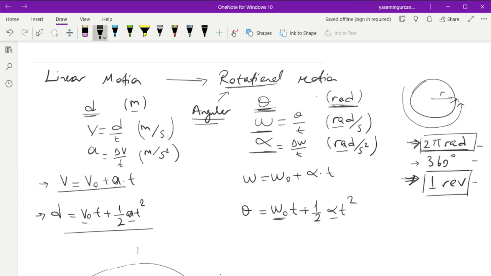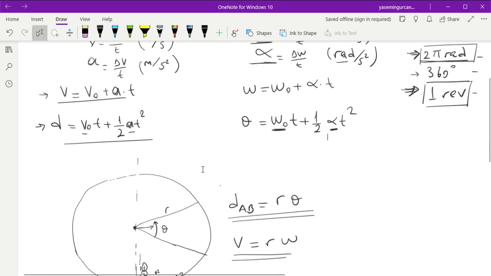The only thing that you do is change velocity to rotational velocity, acceleration to rotational acceleration. So the formulas have the same form. The only thing that changes is from linear velocity to angular velocity, from linear distance to rotational distance, which is angle, and from linear acceleration to angular or rotational acceleration.